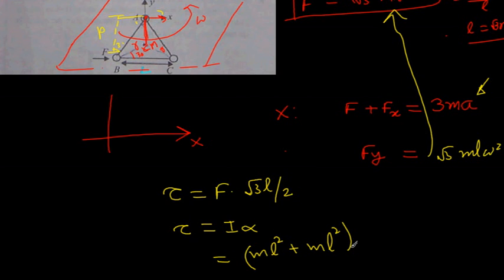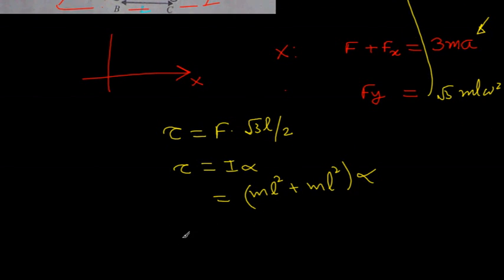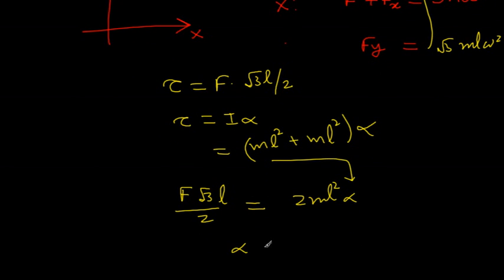So F root 3 by 2 into L should be equal to 2 m L square into alpha. From here we can find the value of alpha: L will get cancelled, and alpha is F root 3 by 4 m L. This is the value of alpha.